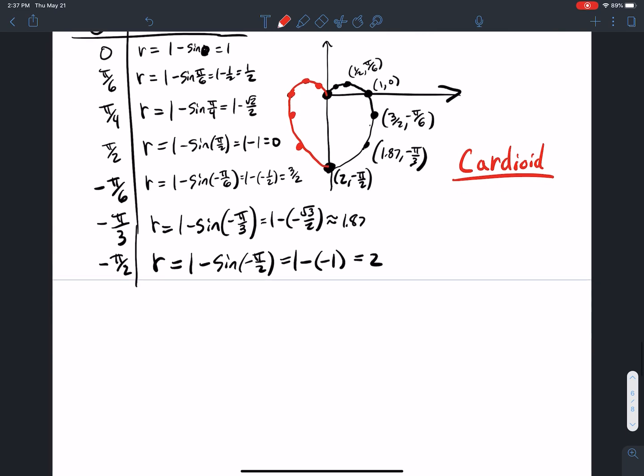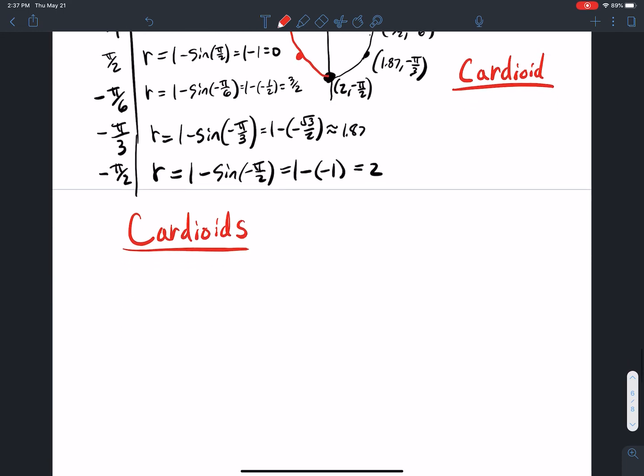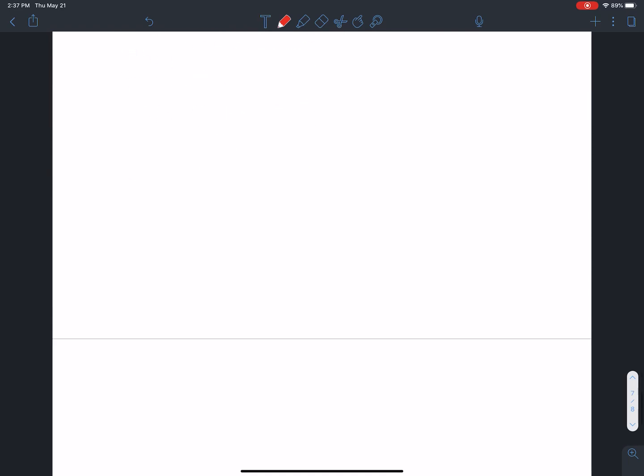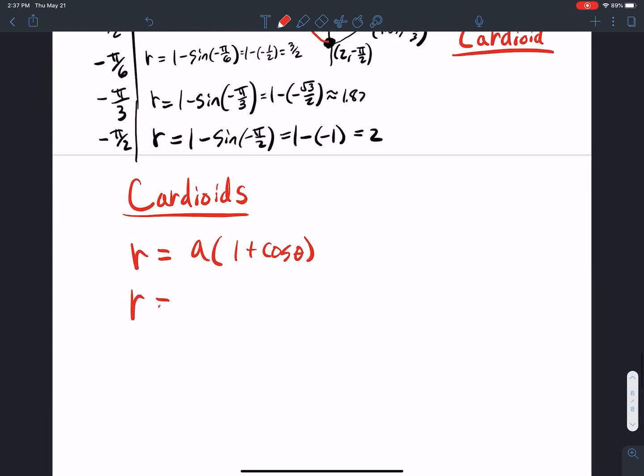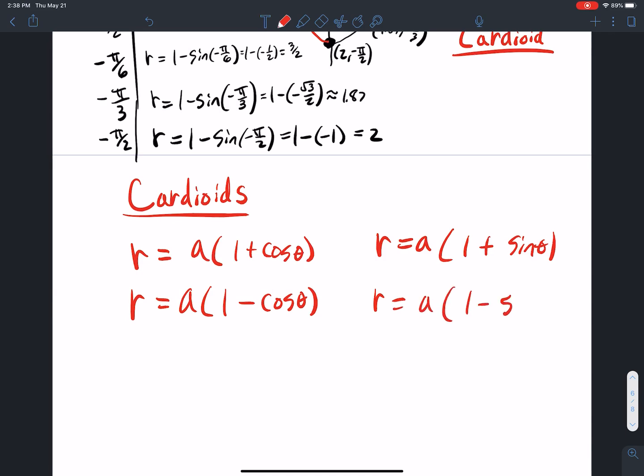A cardioid graph. Cardioids are of the form r equals a times 1 plus cosine theta, r equals a times 1 minus cosine theta, r equals a times 1 plus sine theta, and r equals a times 1 minus sine theta, where a is greater than 0.